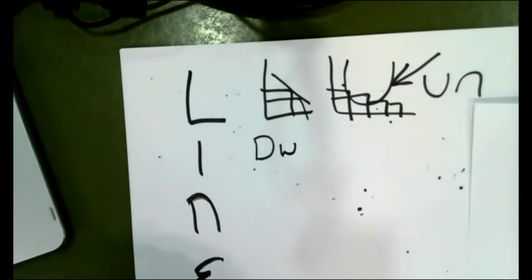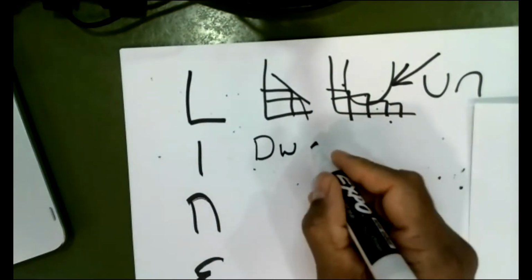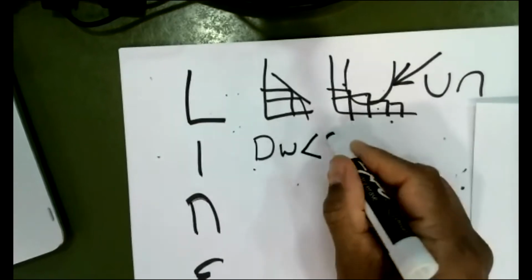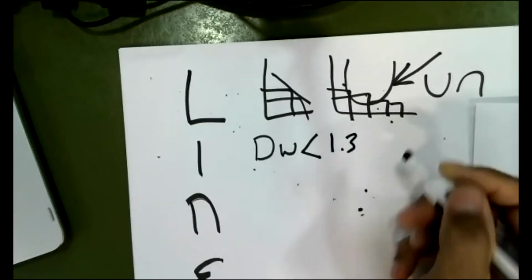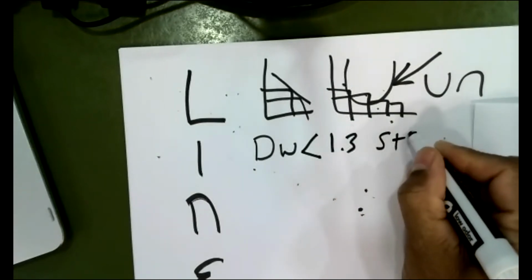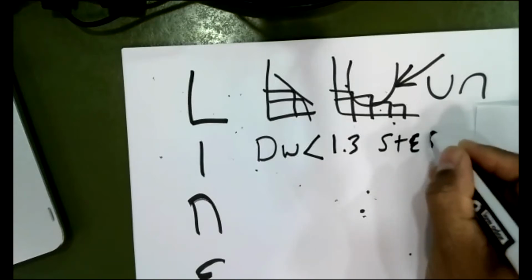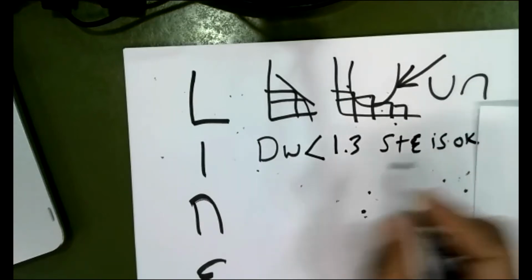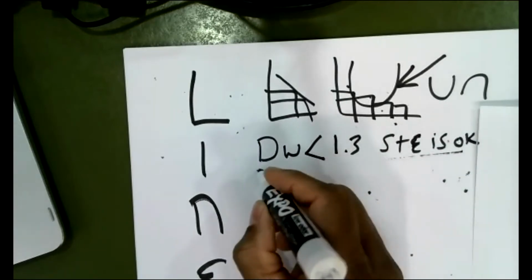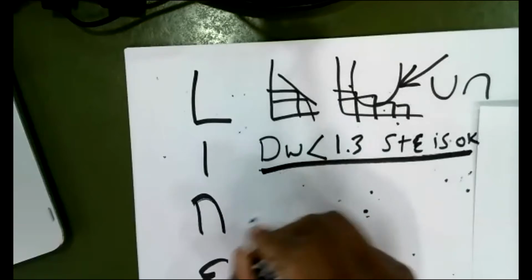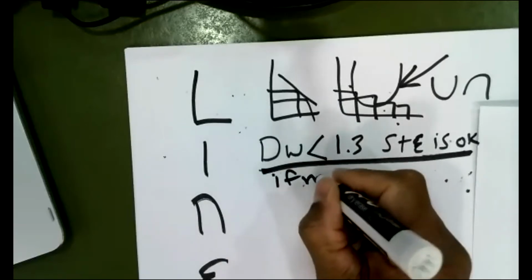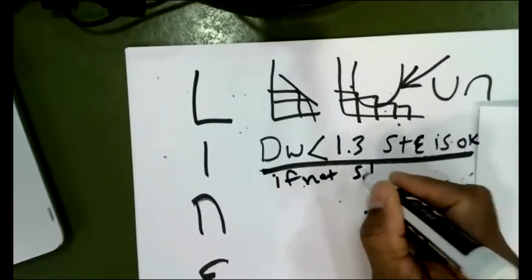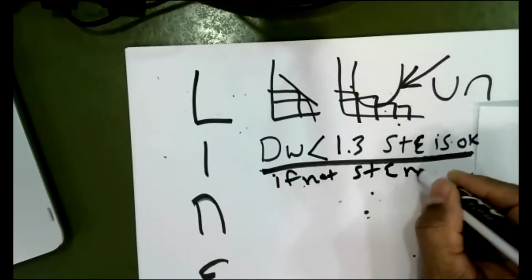And we use our Durbin-Watson. If our Durbin-Watson is greater than 1.3, then our standard error is okay. If not, the standard error is no good.